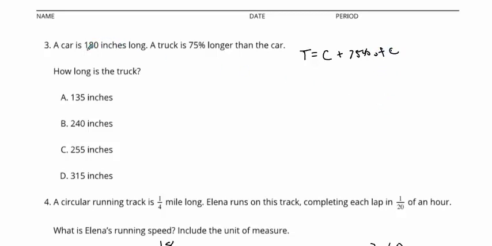So to find 75% of the car's length, so 75% of 180, we're going to take 180 times 0.75, because 0.75 is 75%. So 75% of 180. Of means to multiply.